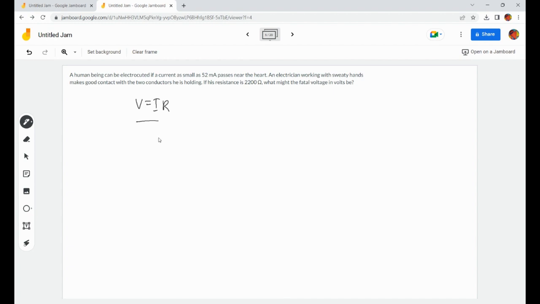But I think the first thing you gotta note is I is first, so I is in mA, which is equal to 52 times 10 to the negative 3. You just need to memorize what m means, which is equal to 10 to the negative 3. That's how I sometimes do the shenanigans.